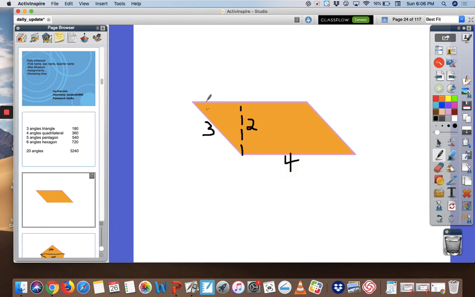Now, to find the area of this parallelogram, you don't need this 3. You do need the height 2, and 2 times 4 would be 8. They try and trick you because you don't need this 3 for the area. However, you would need the 3 for the perimeter. If you had to find the perimeter of that, you would do 3 plus 4 plus 3 plus 4. But for the area, you just need the base and the height.